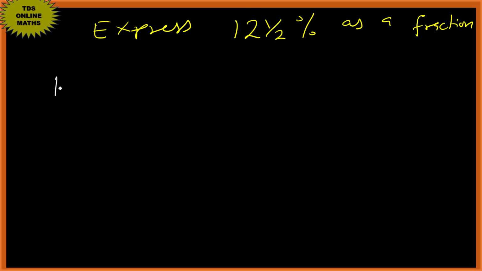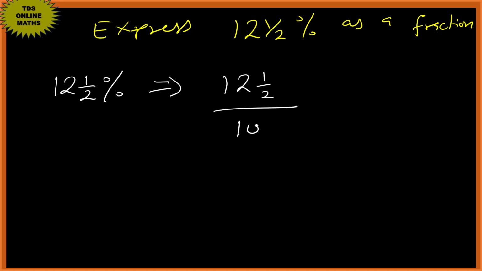So we have 12.5%. So this one is the same as 12.5 on 100, okay? But we can change this one to an improper fraction, which will be 25 on 2 all over 100.